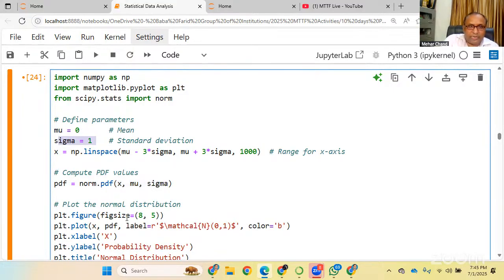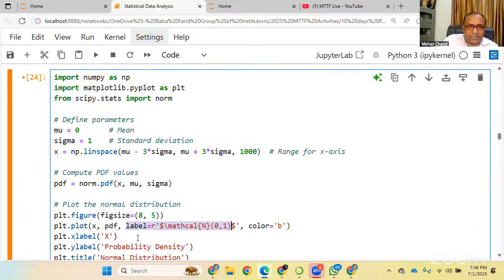Then we have the normal distribution plot. For that, we are taking plt.figure with figsize 8,5. Then we have plt.plot, where x is the variable and the PDF values are computed by the PDF function. We have assigned a label for these values, and the color is blue.